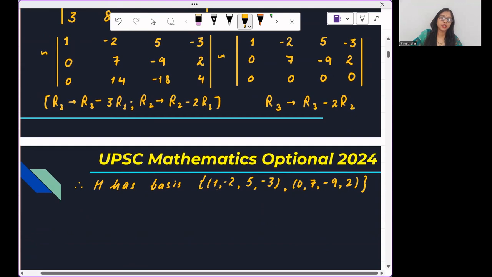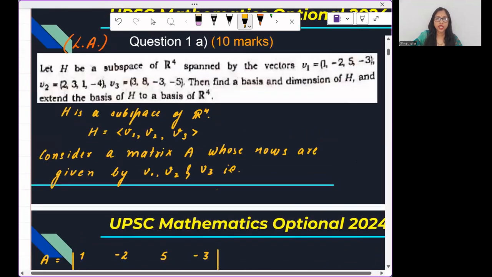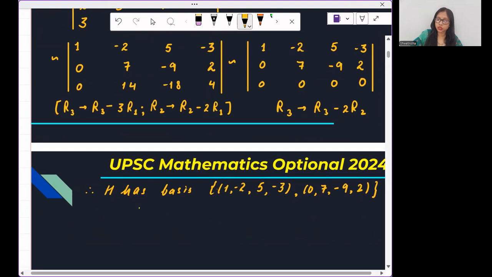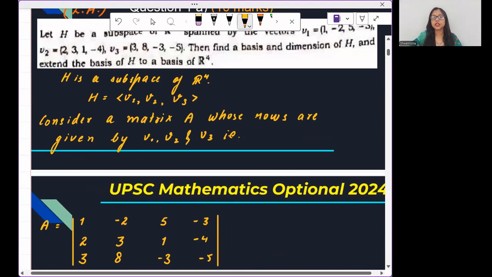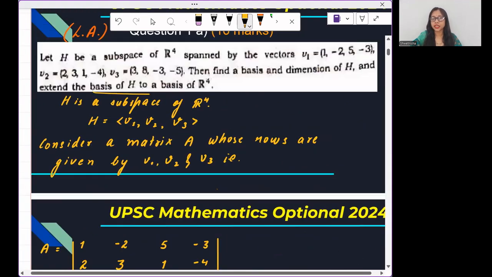Okay. So the first question was, then find a basis and dimension. So basis we found, and the dimension is what? Dimension of H is 2. It is the number of elements in the basis set. So it is 2. Next part of the question says that this basis you have to extend.